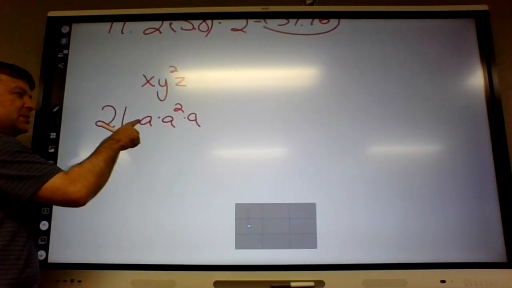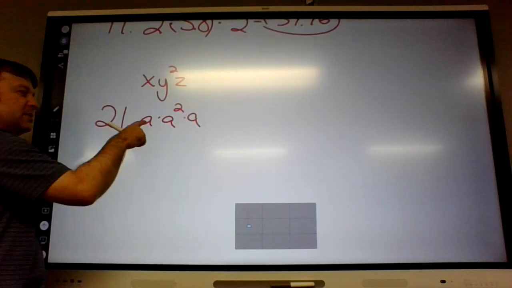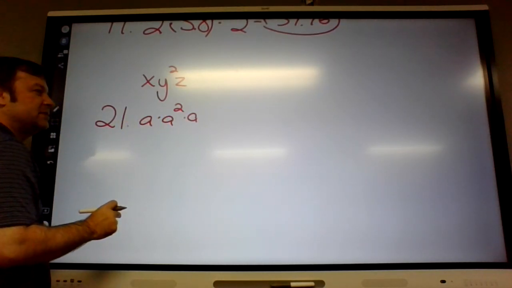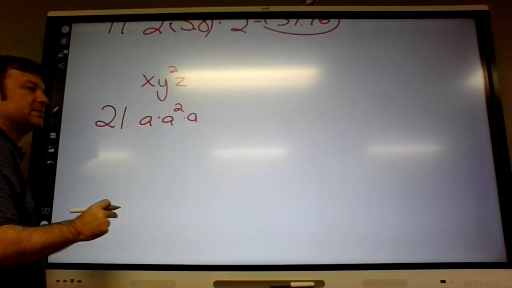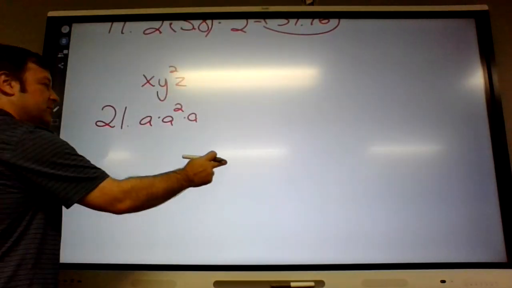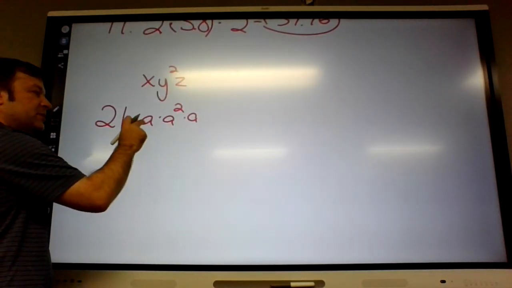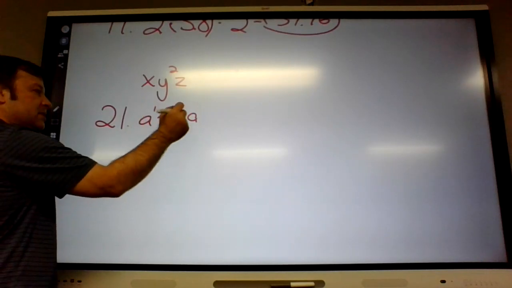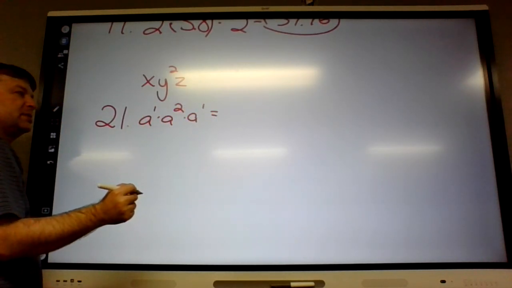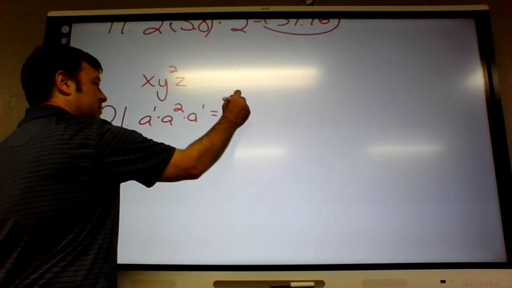All right, so how do we do that? We would add the exponents. Add the exponent. What's the exponent on the first one? So that is a to the fourth.